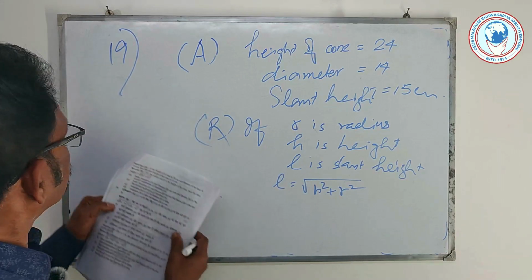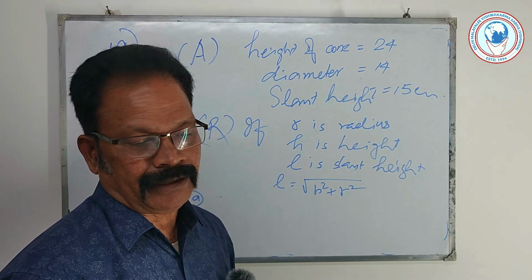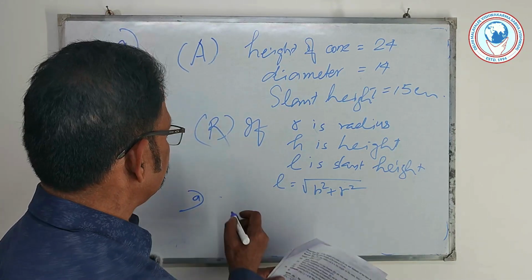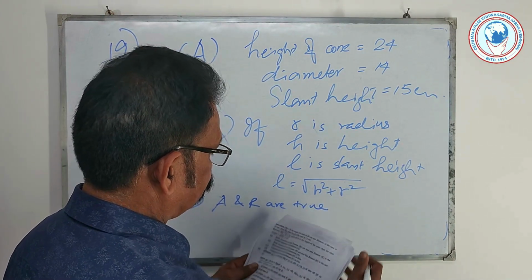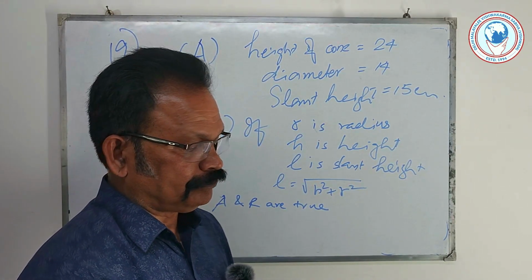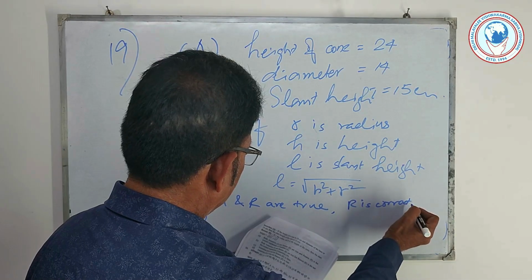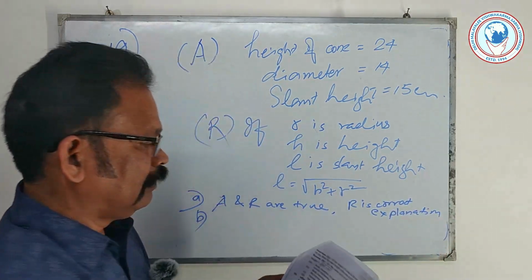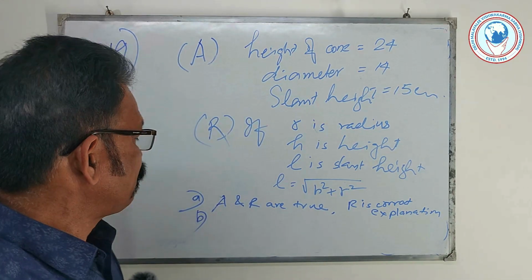Option A, both A and R are true, and reason R is the correct explanation of assertion A. B, both A and R are true, but R is not the correct explanation.